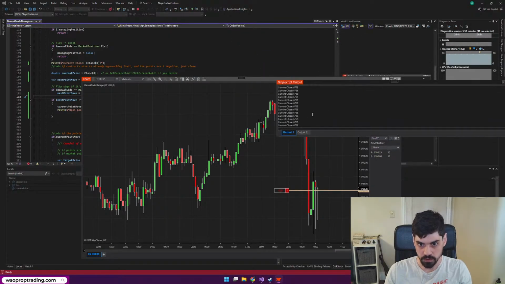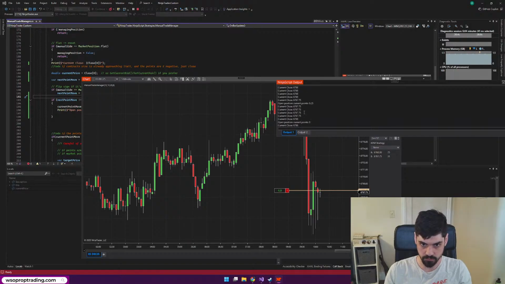So here we see when the points actually change, it prints. Printing out the current close. That's still printing out way too much though. It shouldn't be printing these all out back to back.